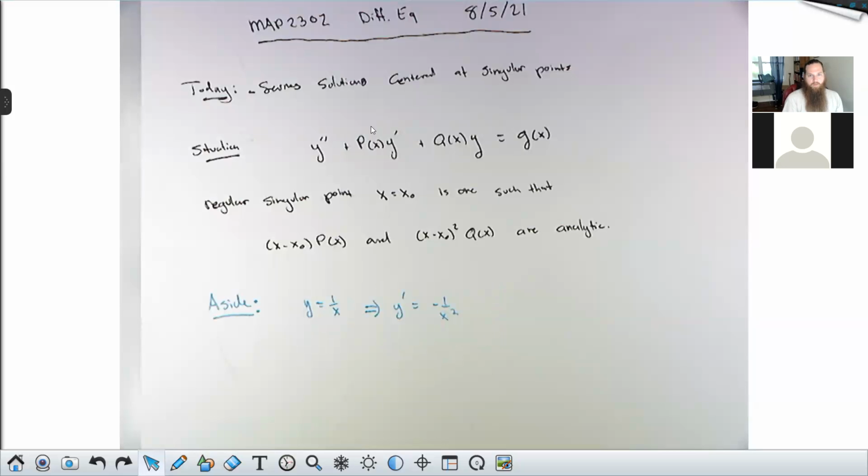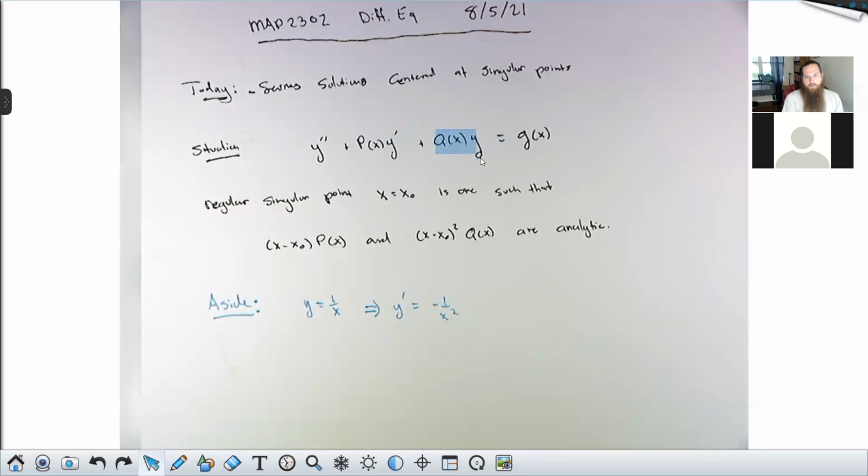So if you imagine your solution function as having some problem at x naught, in this case at 0, the q of x, in order to clean things up, right? Imagine q of x has a problem at 0 also, and 1 over x is, for whatever reason, the solution to your differential equation. Then say q of x is like 1 over x. So q of x is 1 over x and y is 1 over x.